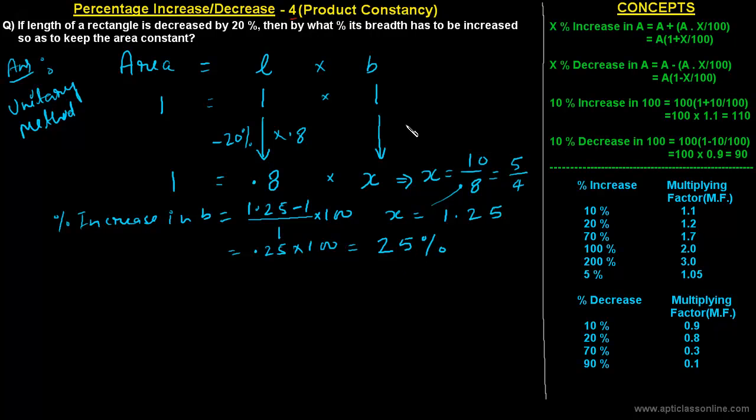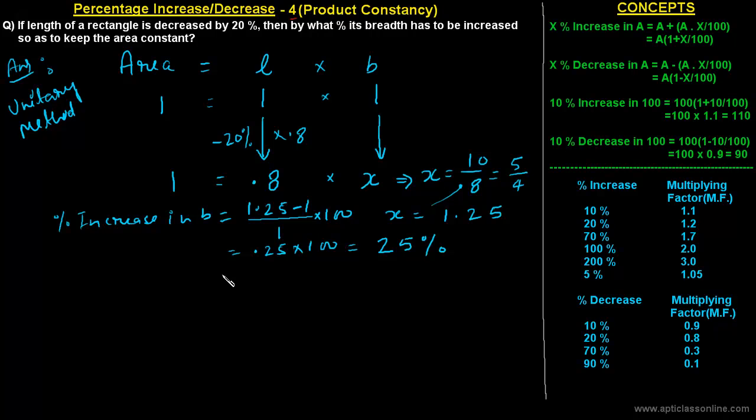So 25% will be the increase in breadth. We can also get this value directly because the initial value was 1 and the final value is 1.25. So if you look at the table of percentage increase and the corresponding multiplying factor, in case we get the multiplying factor as 1.25, the percentage increase will be 25%.